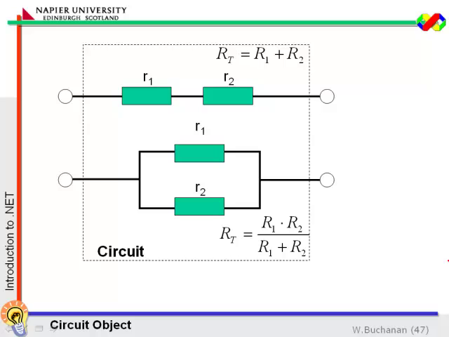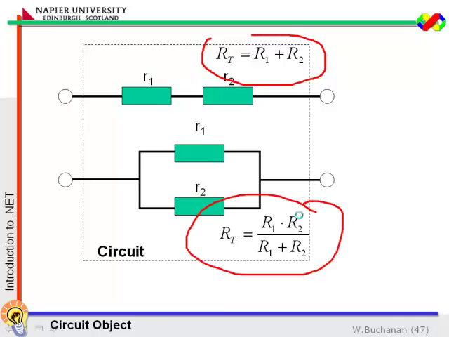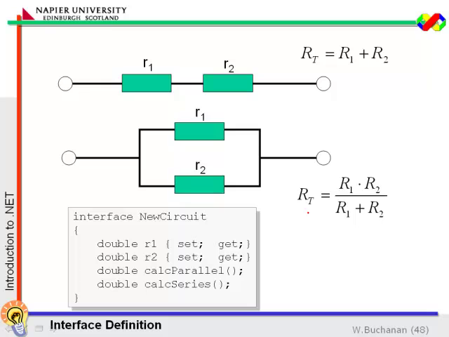So let's take an example. Let's say we've got two formulas, this one and this one, related to electrical circuits. What we could do is define an interface for the classes that we're going to create.